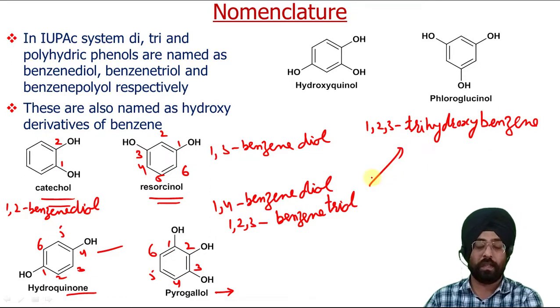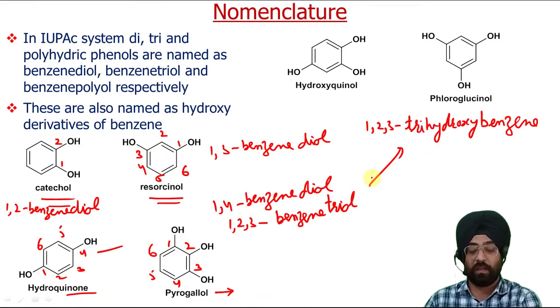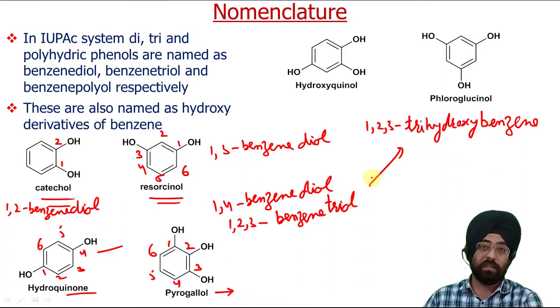Both are the same. That's how we name these phenols. Now I think we have done all the possible cases: simple alcohols, then substituted phenols, then these di, tri and polyhydric phenols. That's how they are named.